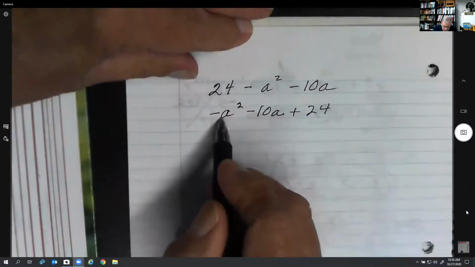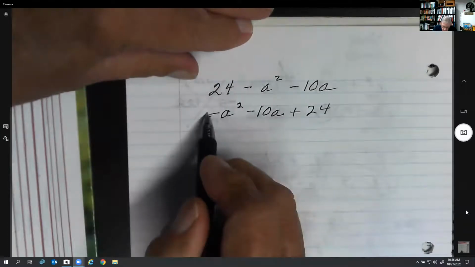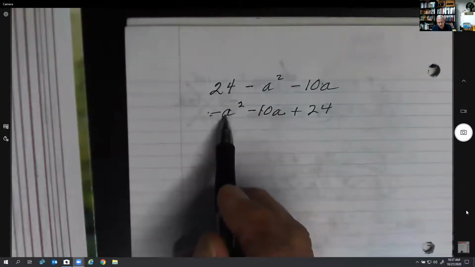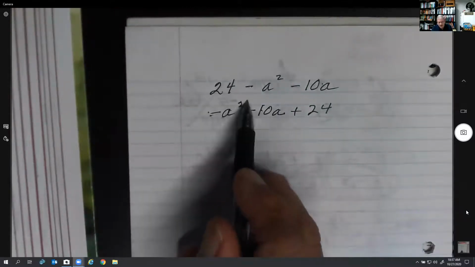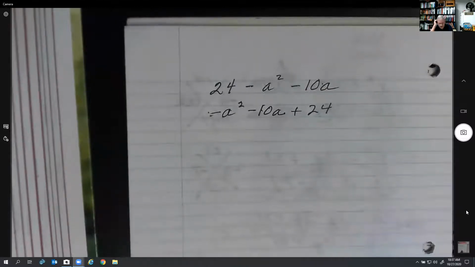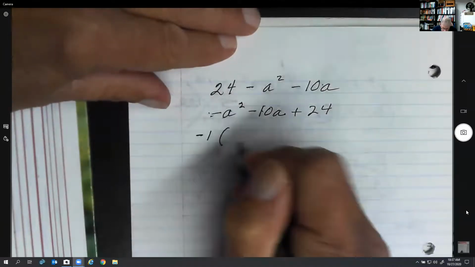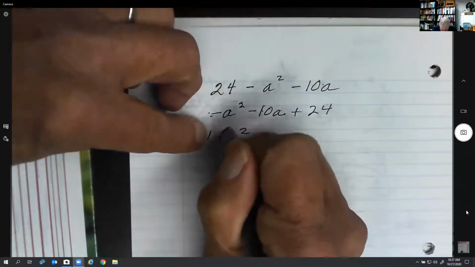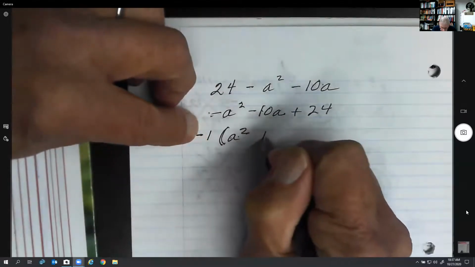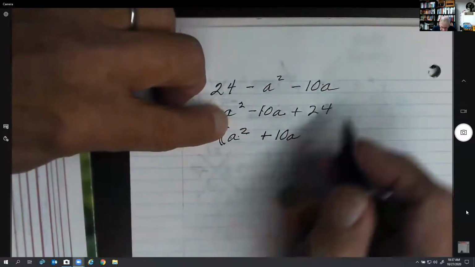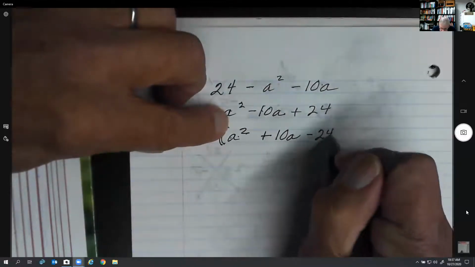All we're going to do is put our a squared first, negative a squared, keep the sign with it, minus 10a plus 25. This is our leading coefficient. We want the leading coefficient term to have a positive value. So we're going to factor out a -1 out of all these. And that's going to make this positive inside here. This is going to be a positive 10a because it'll be just the opposite sign. And this will be a -24.